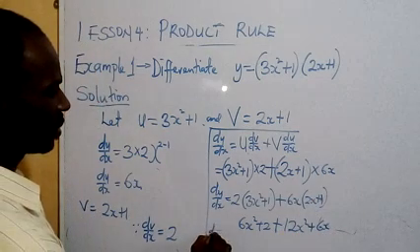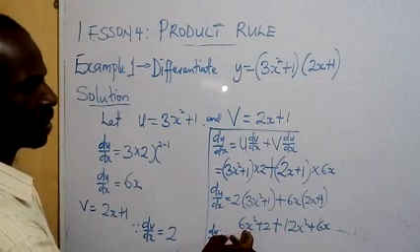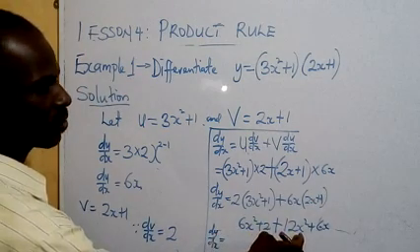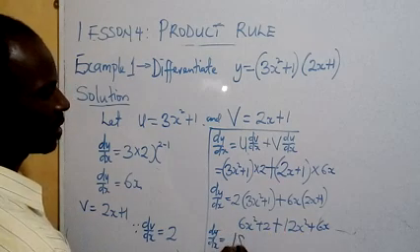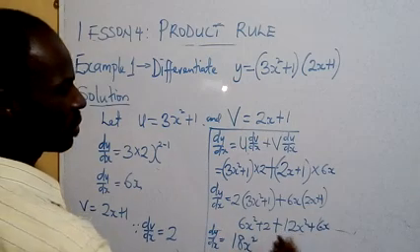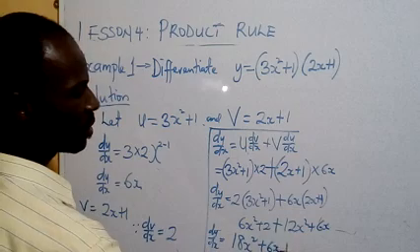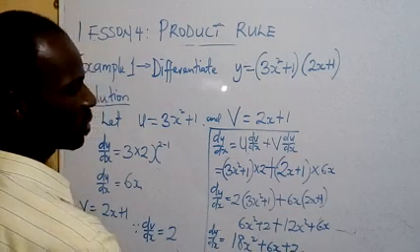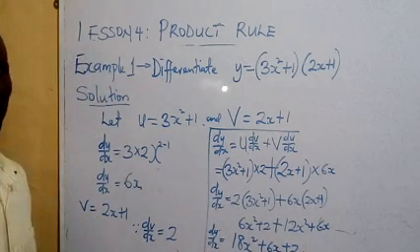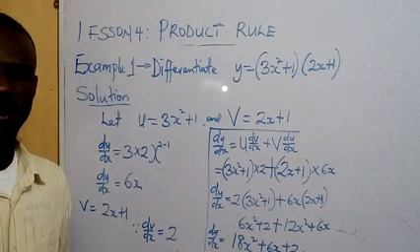Therefore, dy/dx equals 6x squared plus 12x squared, that is 18x squared, plus 6x and plus 2. That's your final answer. Let's look at another example.